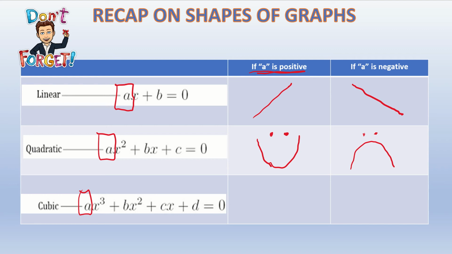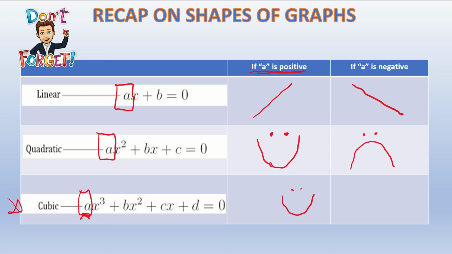And the same thing sort of applies for your cubic expression. So in your cubic expression, if your a is positive, so the coefficient of x cubed is positive, then your graph is going to finish on a smiley face, but there's going to be another turning point in that curve.